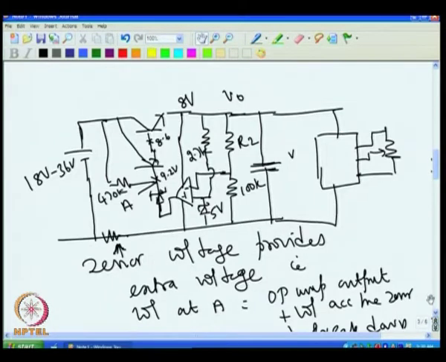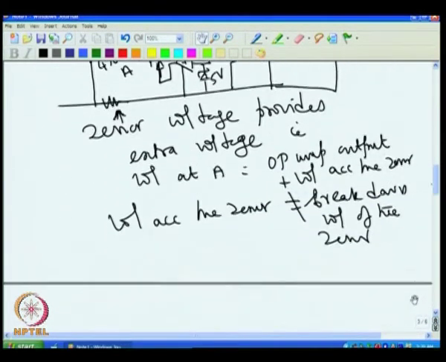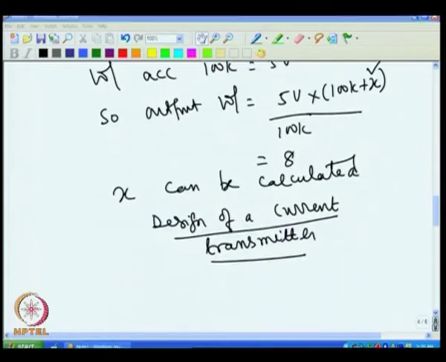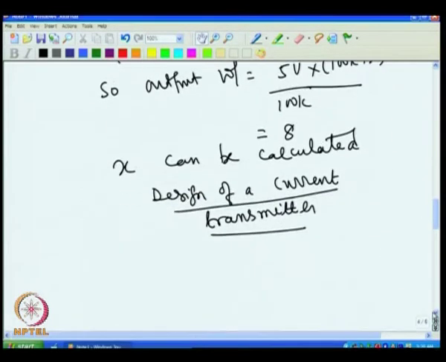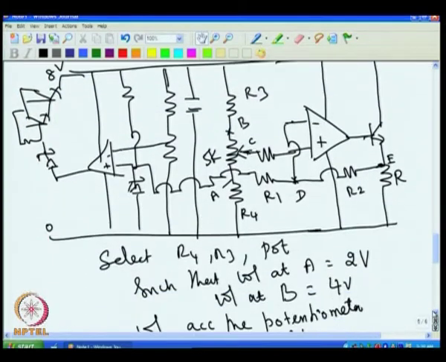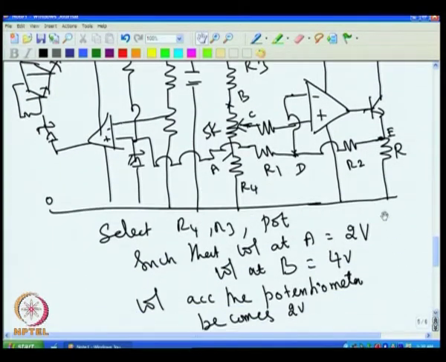An 8 volt change across this is not possible. So, our assumption of a 2 volt change required here is perfectly alright, because that will be able to change 4 volt here, and that is what is required.